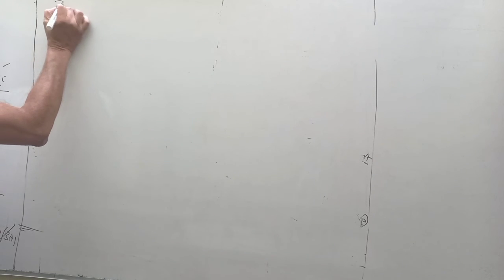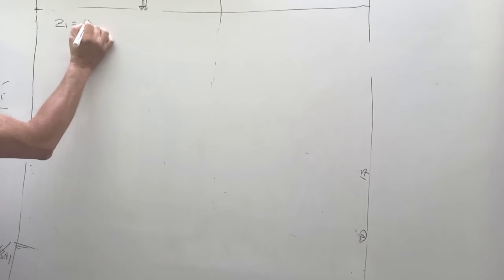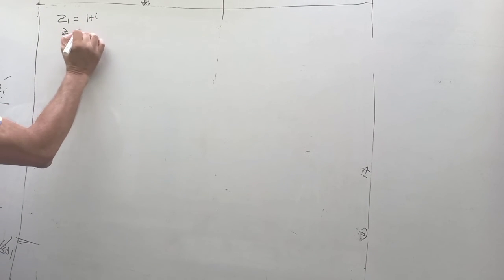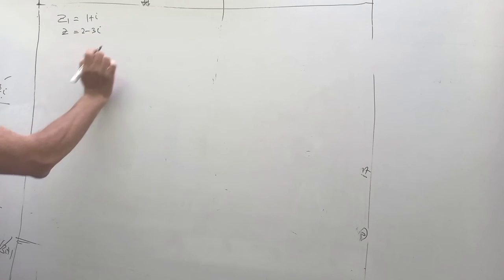Now, we have to verify the formula for the given complex numbers z1 equal to 1 plus i, z2 equal to 2 minus 3i.